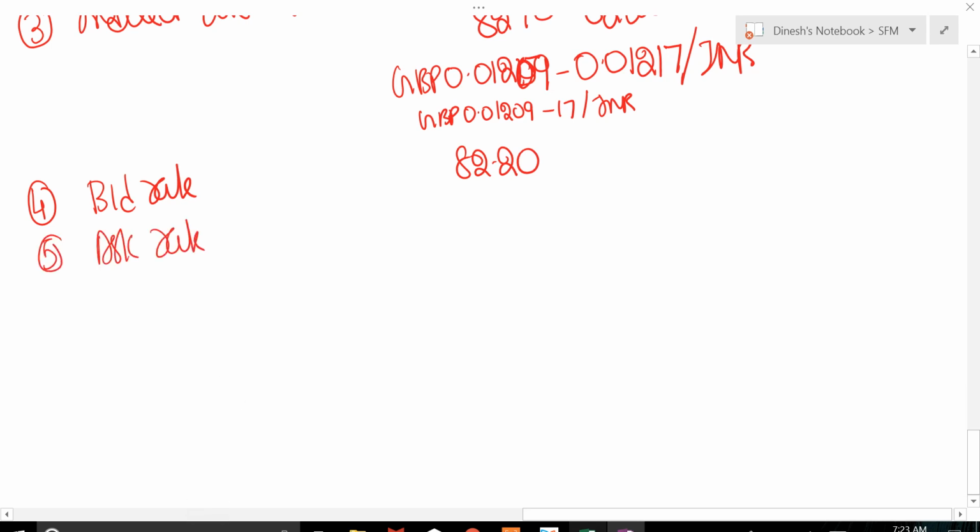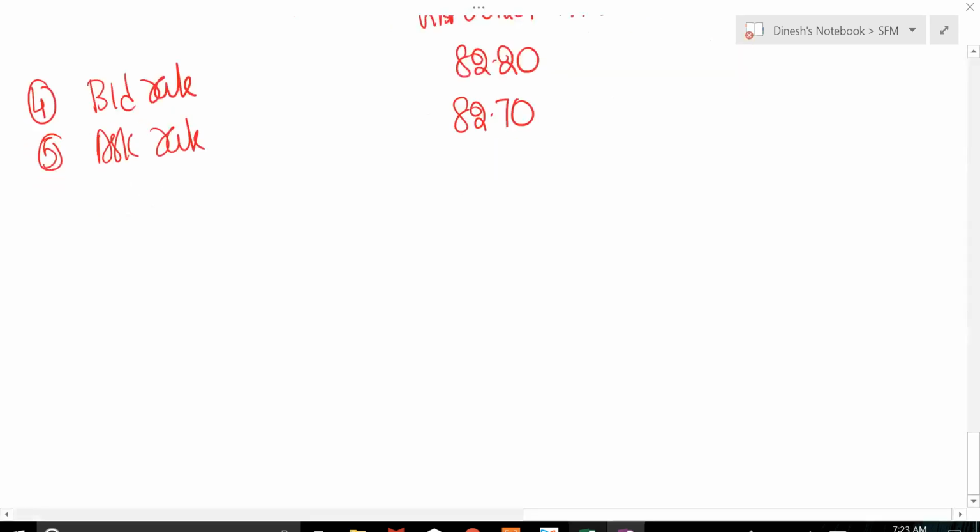Ask rate 82.70. Spread in rupees or spread in value. Let it be value because in the next problem it will not be rupees, it will be USD there.